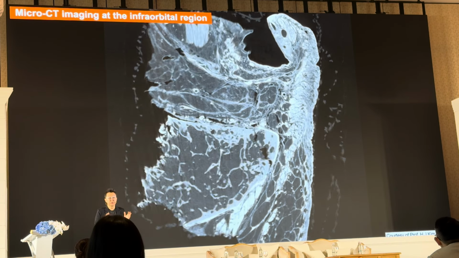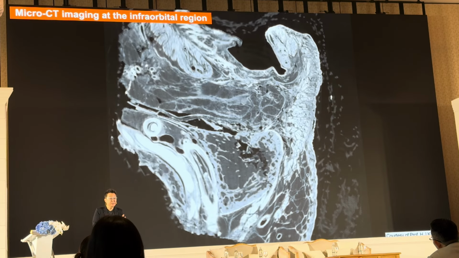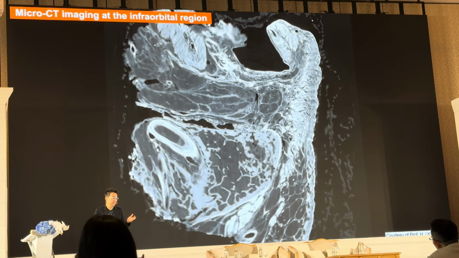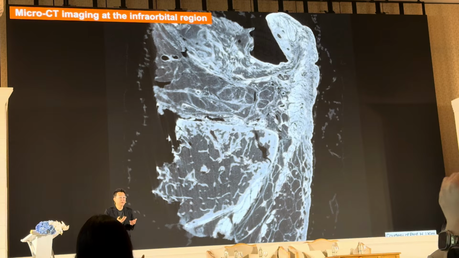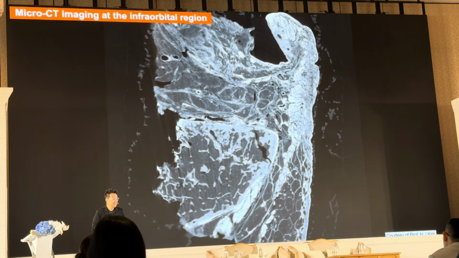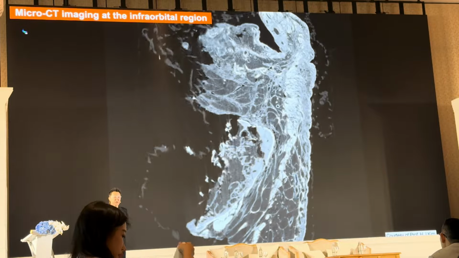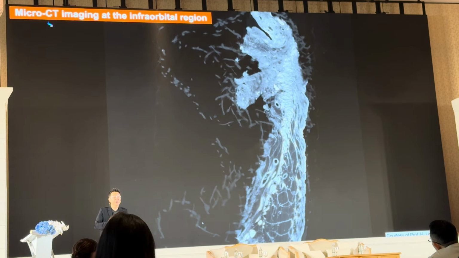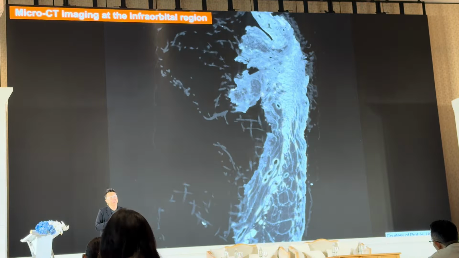So now let me show what the retaining ligament is. Is the retaining ligament present or not? A few years ago, I always mentioned that the retaining ligament is a kind of fake structure. The inferior orbicularis retaining ligament is a kind of structure that just provides the anchorage of the internal aspect of the orbicularis oculi muscle.